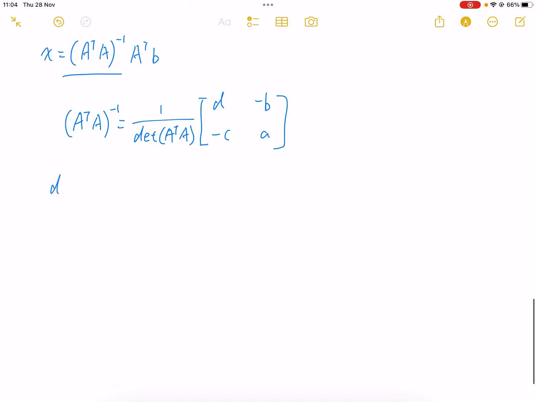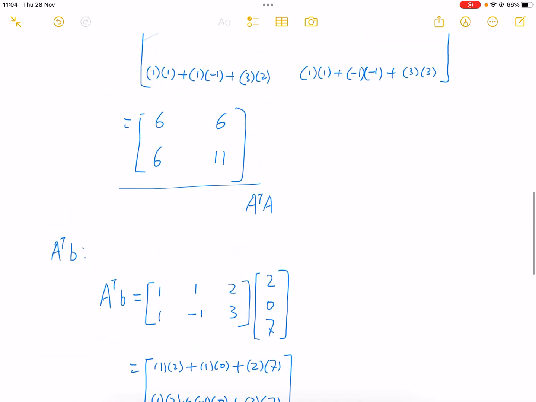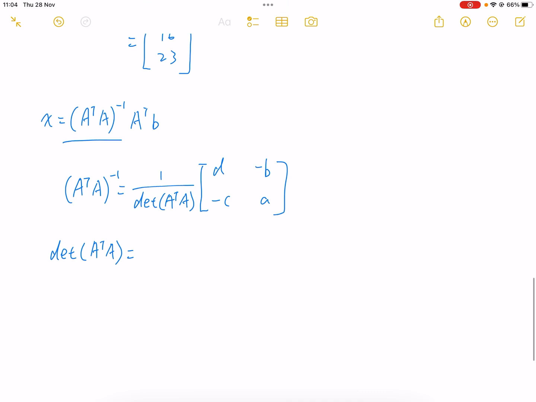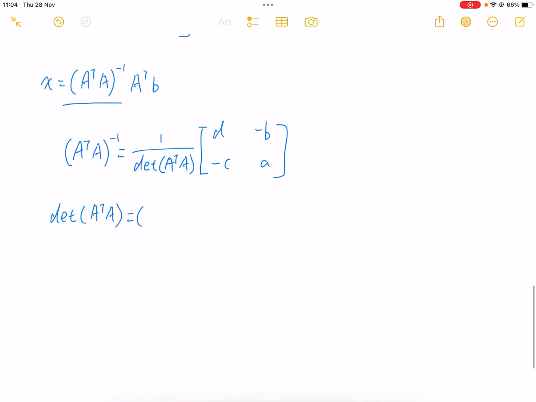Now the determinant of A transpose times A equals 6 times 11 minus 6 times 6, which is 66 minus 36 equals 30.